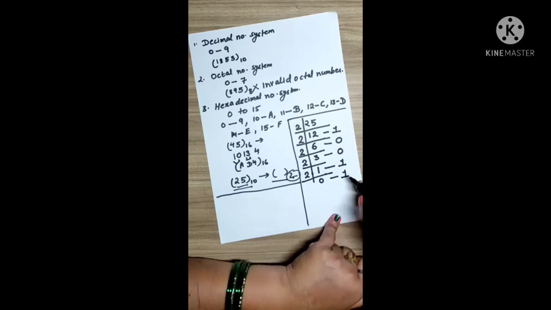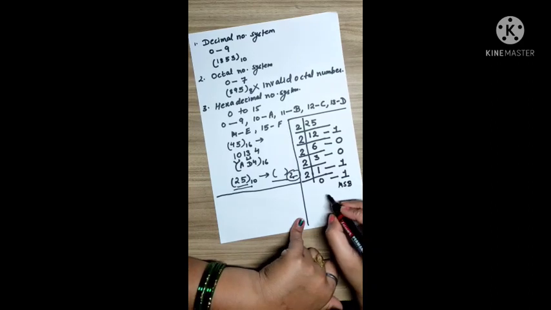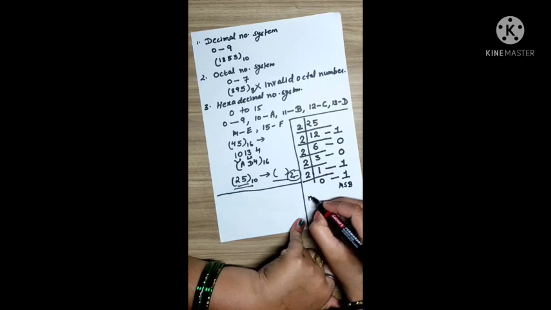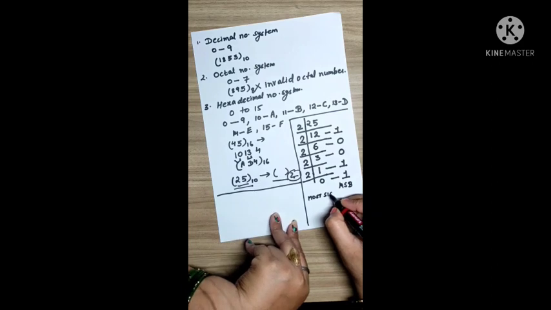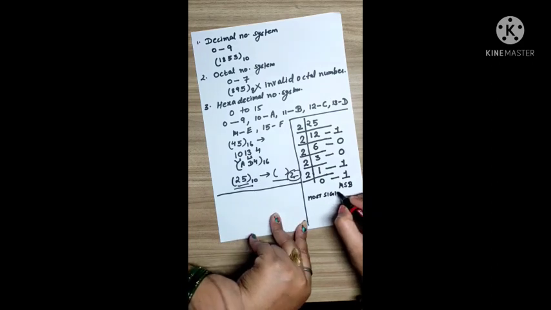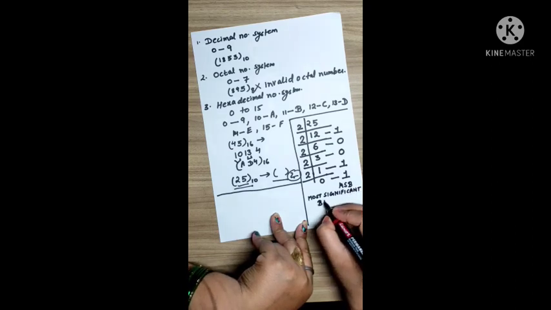So here this digit which is written at the bottom will be known as MSB. MSB stands for most significant bit.